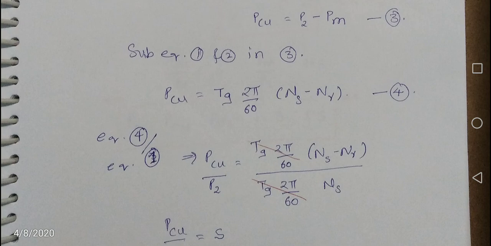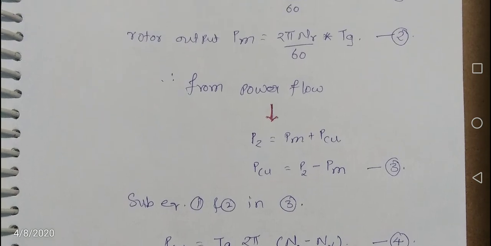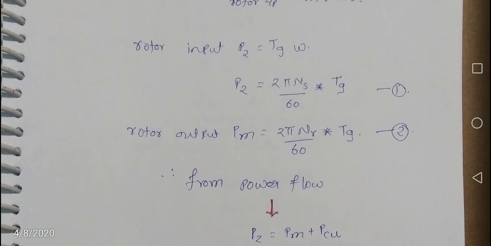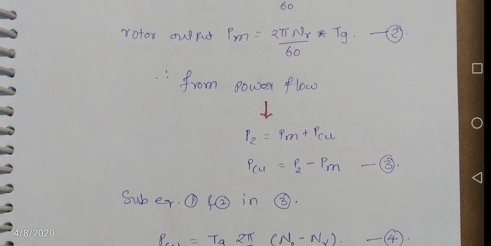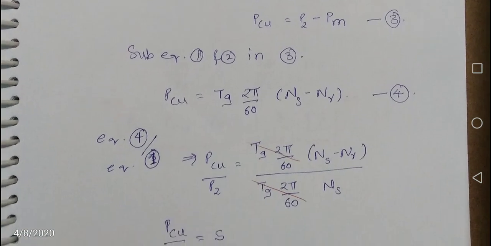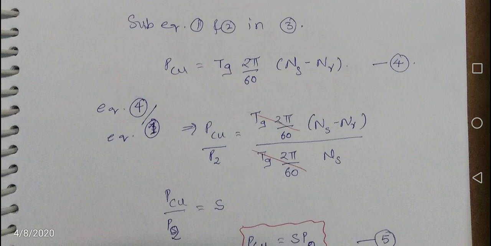Now divide equation 4 by equation 1. Equation 4 is Tz into 2 pi by 60 into ns minus nr, and equation 1 is P2 equal to 2 pi ns by 60 into Tz. So PCU by P2 equals Tz 2 pi by 60 into ns minus nr, divided by Tz 2 pi by 60 ns.